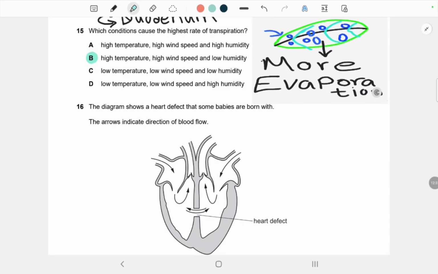Now question 15, which conditions cause the highest rate of transpiration? Of course high temperature, high wind speed, and low humidity. When I say low humidity, I mean a low concentration of water vapor molecules present on the leaf itself, as illustrated in the diagram on the right side of the page, telling you that there is more evaporation occurring, so more transpiration will occur. Let us explain it a little.